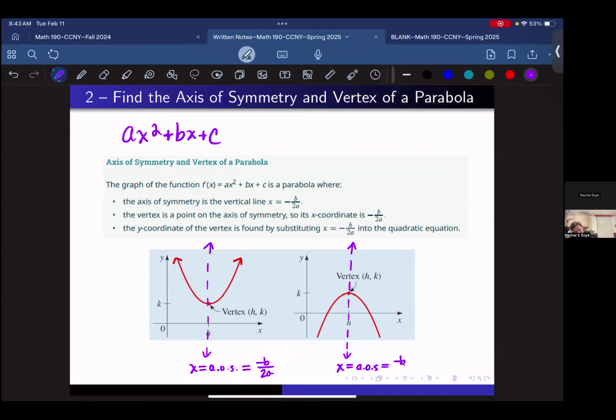Once again, it's so important because once we know what this vertical line is, what our x-coordinate point is, we can plug in that x-coordinate point in order to determine our vertex. That x-coordinate point is really also known as our k-value in our vertex. And if you have your k-value, you just plug it into the function in order to get your h value. H comma k is your vertex.